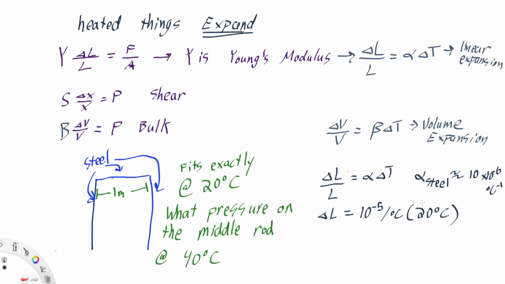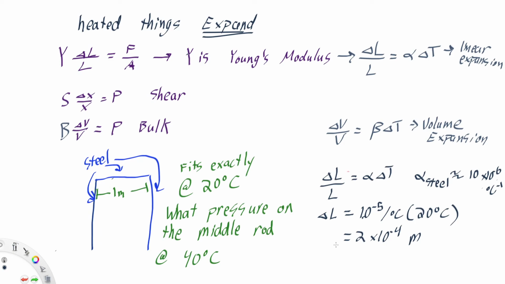So 10 to the minus 5 times 20 gives us 20 times 10 to the minus 5, or 2 times 10 to the minus 4. So 2/10 of a millimeter is how much the bar wants to expand.